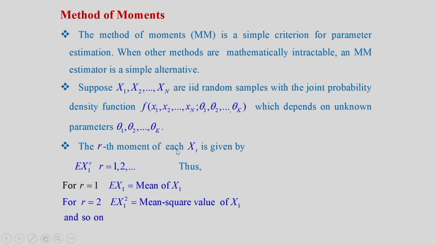Now, the r-th moment of xi is given by E of x1 to the power r, because they are IID, and we can define it for r equal to 1, 2, etc., any positive integer value. For r equal to 1, we have E of x1, that is the mean of x1. Similarly, for r equal to 2, we have E of x1 square, that is the mean square value of x1, and so on. That way we can define the moment of a random variable xi.